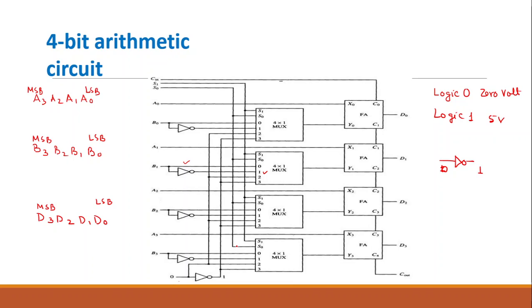So according to the selection inputs S0 and S1, the input will be selected. The 4 multiplexers are controlled by 2 selection inputs, S1 and S0, where S1 is the MSB and S0 is the LSB.